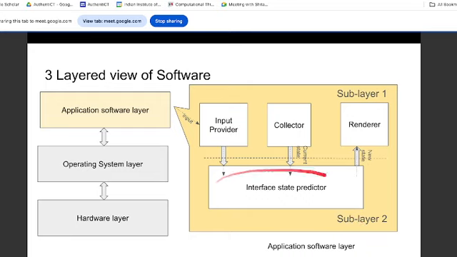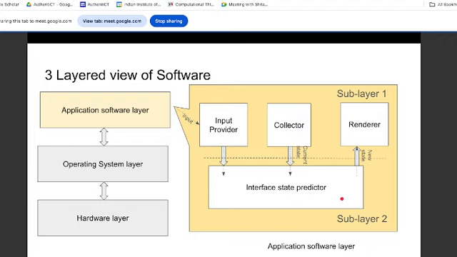In sublayer 2, it's a pretty simplistic design. Here the interface state predictor is there. Basically it is the software that modifies the input to generate the output. If I oversimplify it, it resides in that second sublayer of the application software layer.